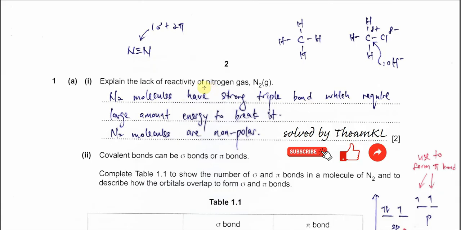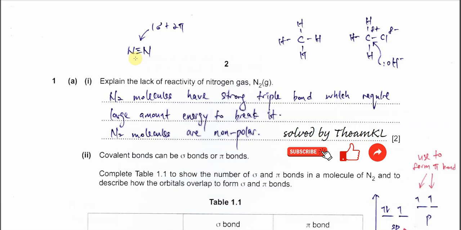So first, let's focus on the structure, the bonding between the nitrogen atoms. In the nitrogen molecule, we know that there are 3 covalent bonds between the nitrogen atoms. This triple bond is extremely strong and it's hard to break.